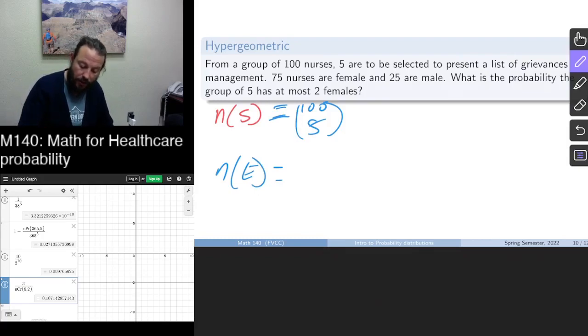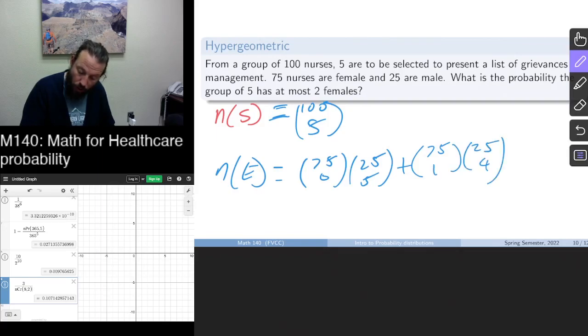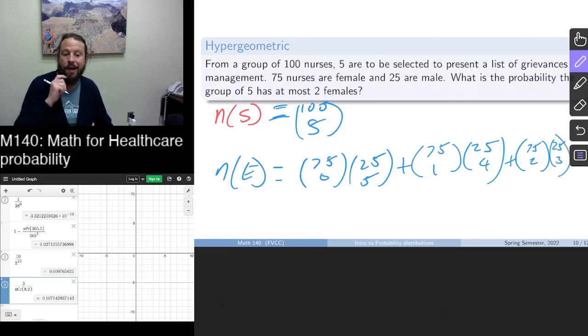Well, they could have 0, which is 75 choose 0 times 25 choose 5, or they could have 1, 75 choose 1 times 25 choose 4, or they could have 2, 75 choose 2 times 25 choose 3. All right?